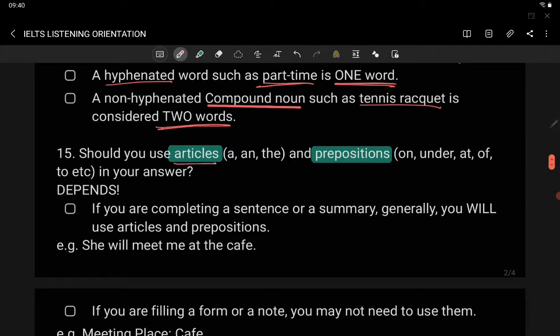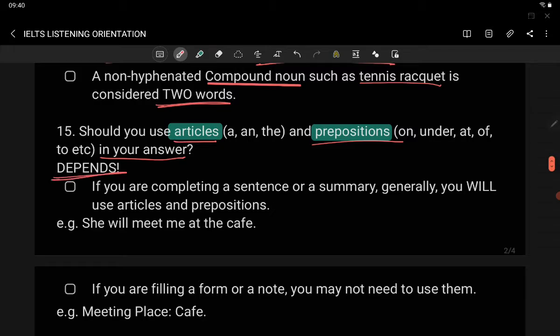Should you use articles such as a and the and prepositions such as on, under, at, of, to, etc. in your answer? You already have a limited number of words which you can use. Should you be using all these prepositions? I mean, you may not have the leeway of using them. So it depends.